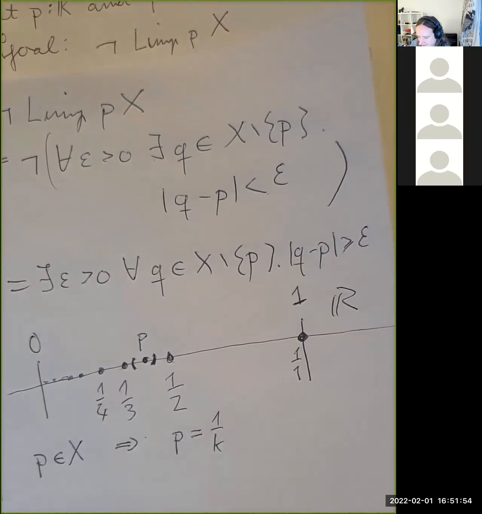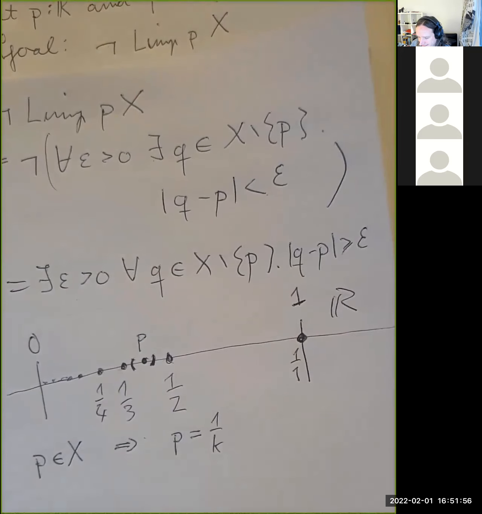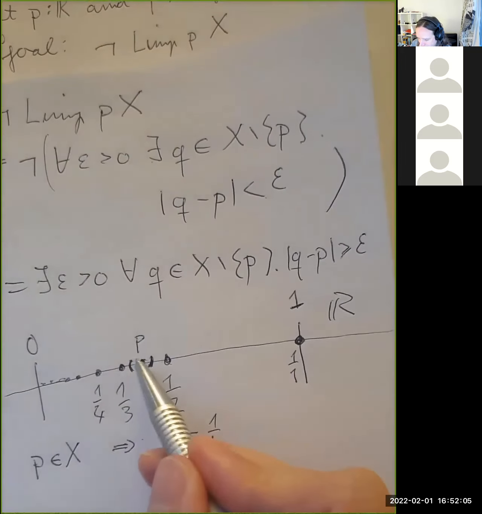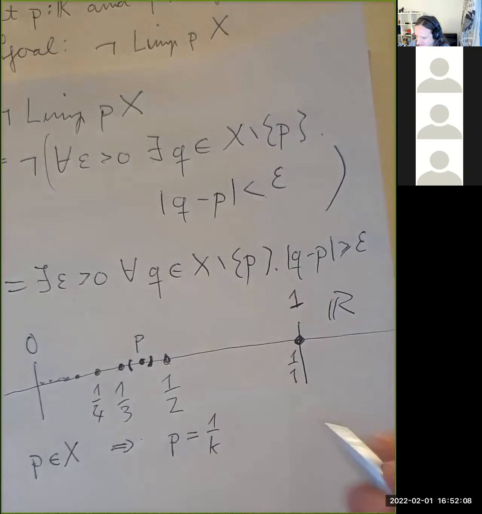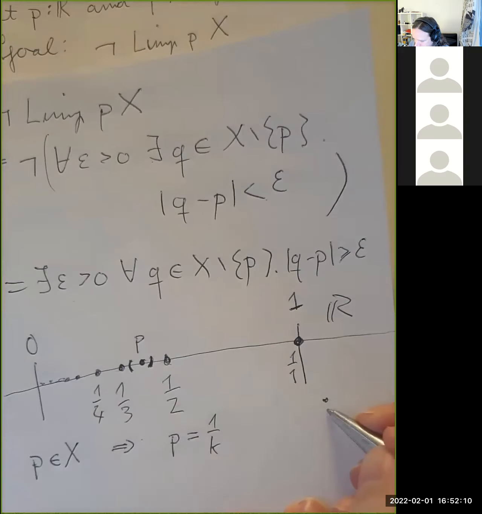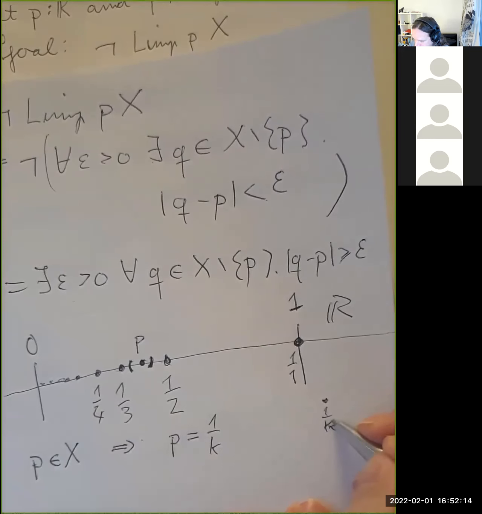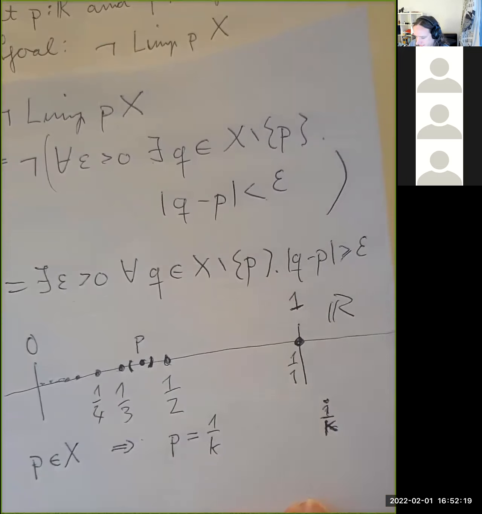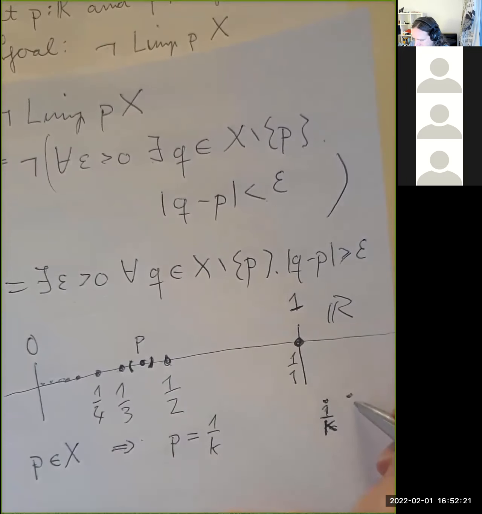And our task is now to find an epsilon such that, yeah, we basically have a neighborhood like this. I draw a little picture here. We have 1 over k here. And next to it, we have two other 1 over something numbers.